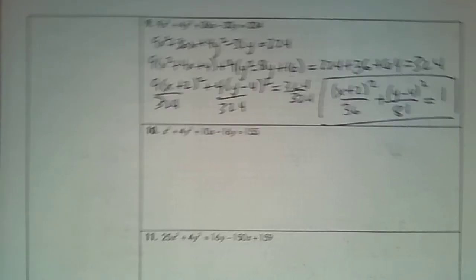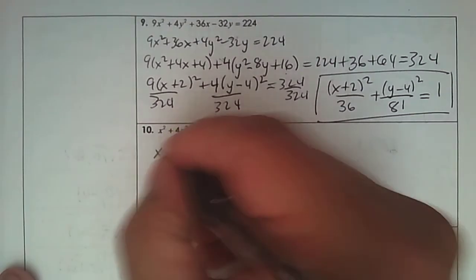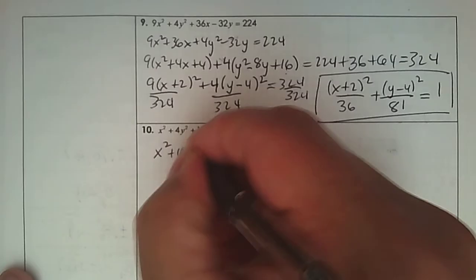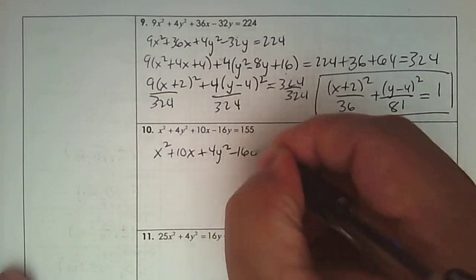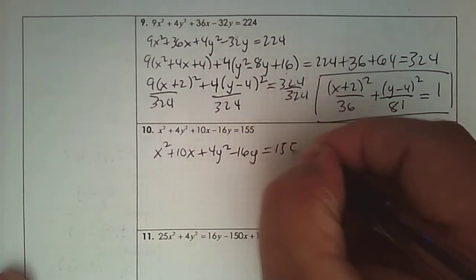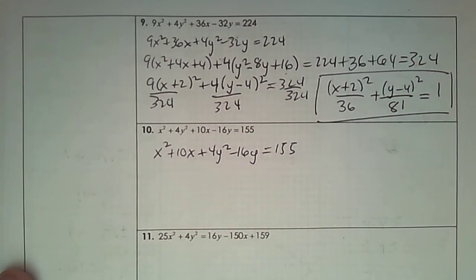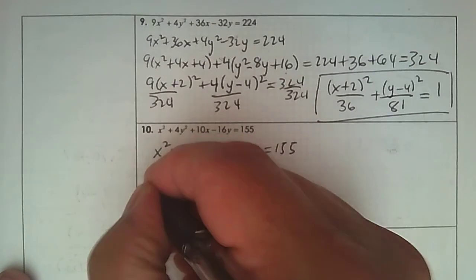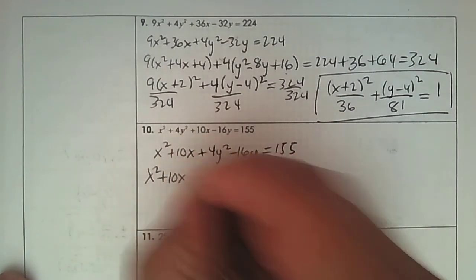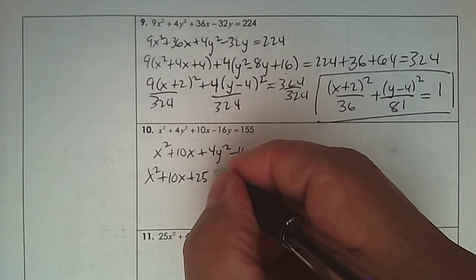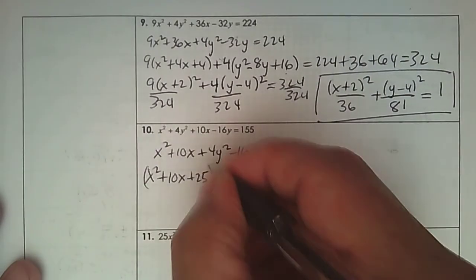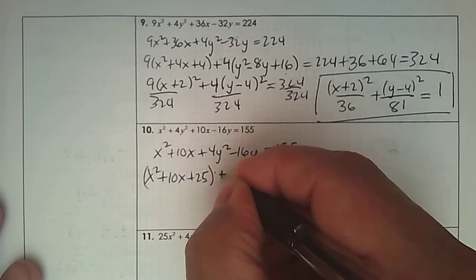Number 10. So we have x squared plus 10x. We have 4y squared and negative 16y. For the x, I don't need to factor, so the number to complete the square is 25. For the y, I'm going to put parentheses around it just so you can see it separately.